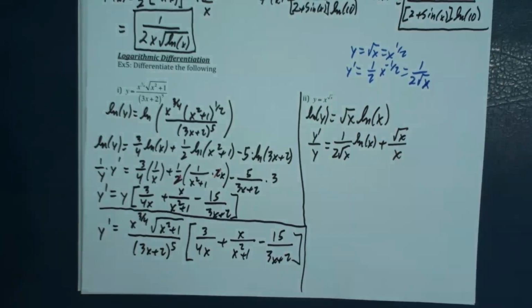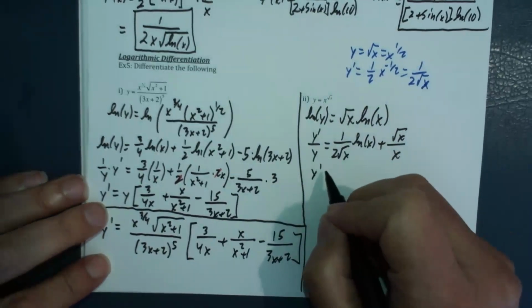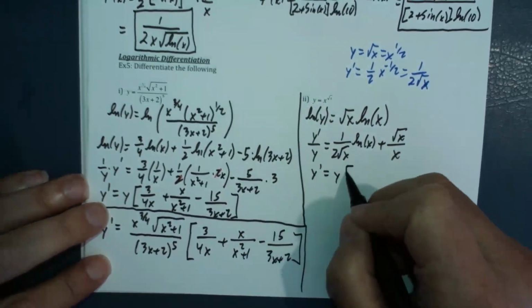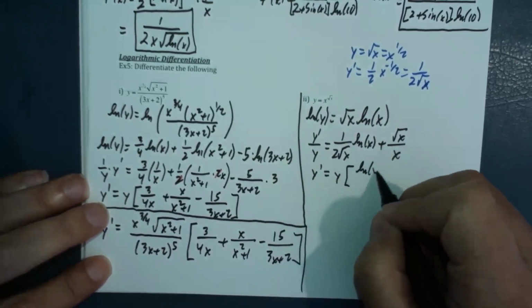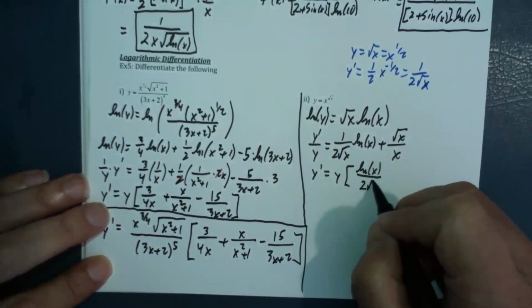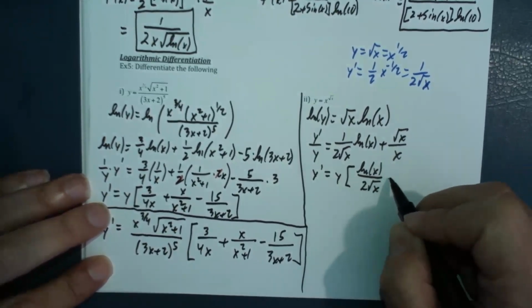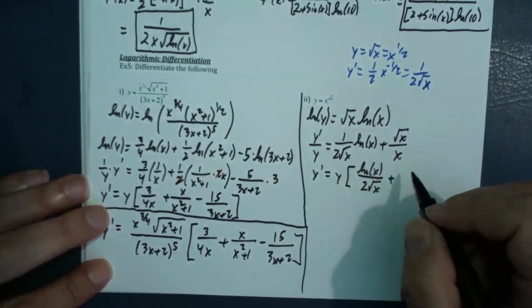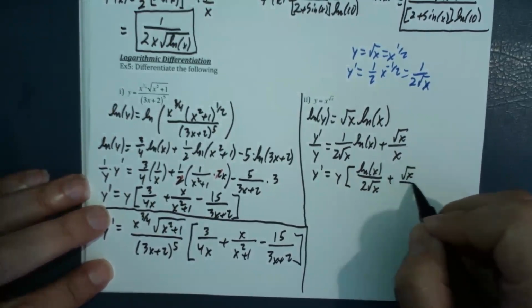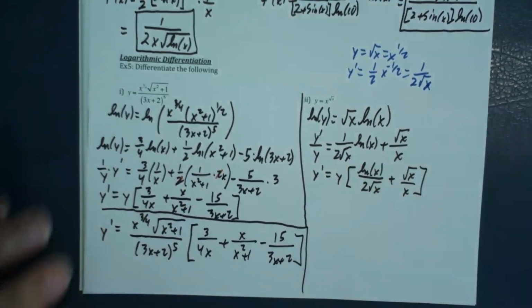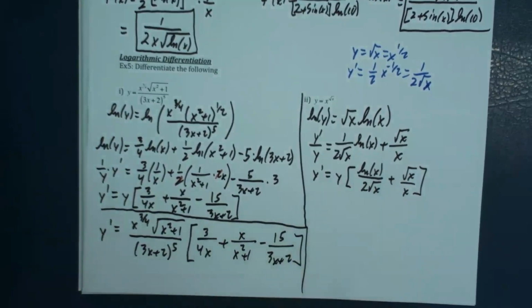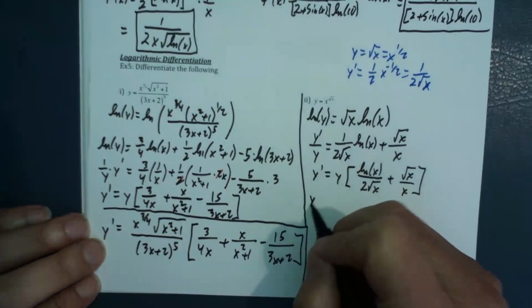And we're going to clean that up a little. I'm going to multiply the y to the other side. And we could actually simplify this even more. I'm going to leave it as it is just to not confuse things too badly.